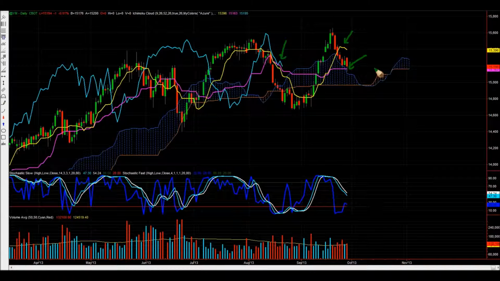I think this is the last 26 periods, and this is the last 9 periods, if I'm not mistaken, and don't quote me on this. And the lagging line is based on the last, I'm going to say 26 periods, but I could be wrong.